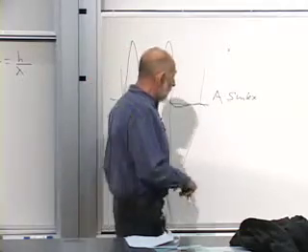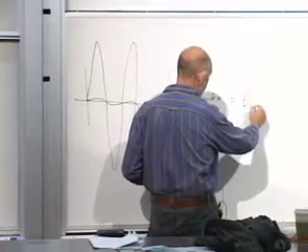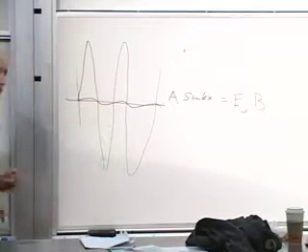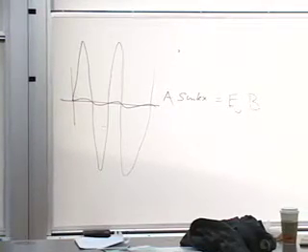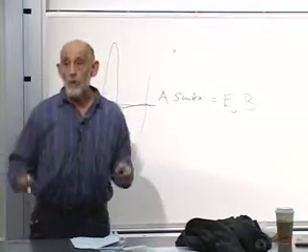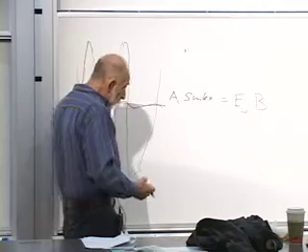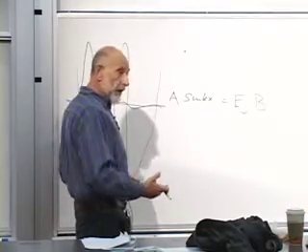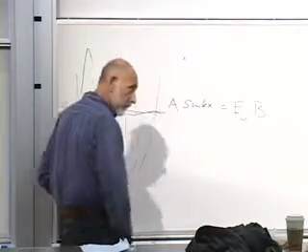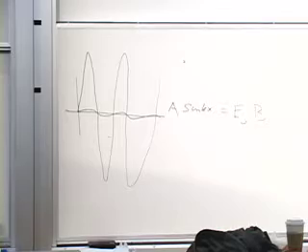For example, if this was the electromagnetic field, let's say the electric field or the magnetic field associated with an electromagnetic wave, what's the energy of an electromagnetic field? It's proportional to the square of the electromagnetic field. So typically, the energy of a wave is proportional to the square of the amplitude.